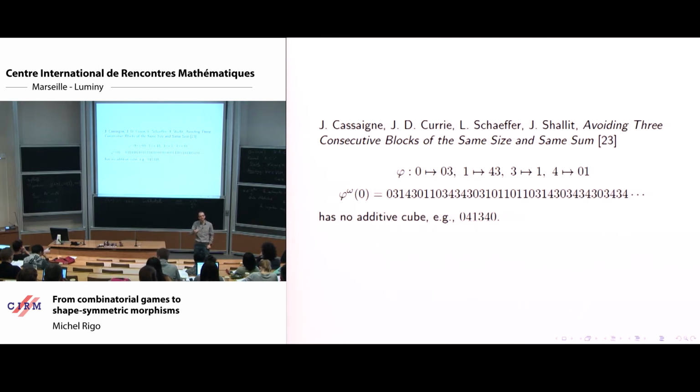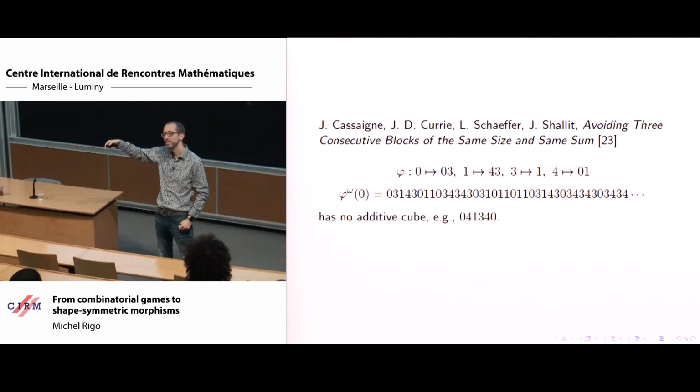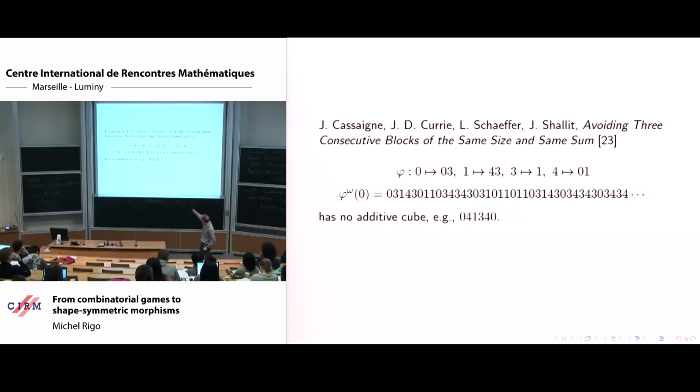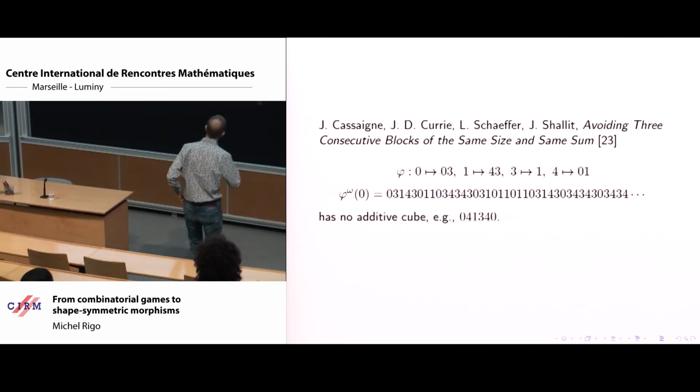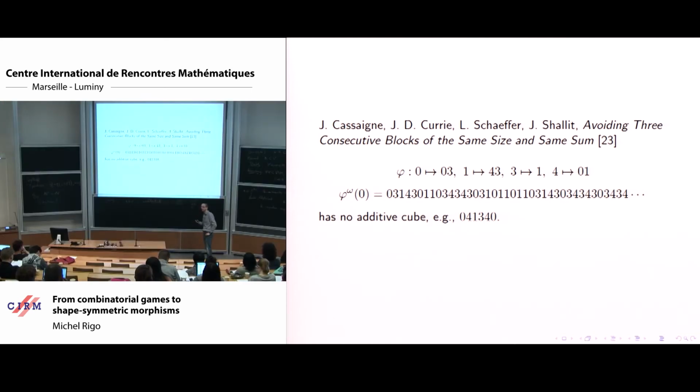It's abelian in the sense of the additivity. I mean, if you sum up 0 plus 4, it's the same as 1 plus 3, and it's the same as 4 plus 0. And so if you iterate that kind of morphism, then what you get is an infinite word that avoids repetition of 3 consecutive factors of the same length and the same sum. So you can play with morphisms and answer questions like those. So this was just some advertisement to do some combinatorics on words.